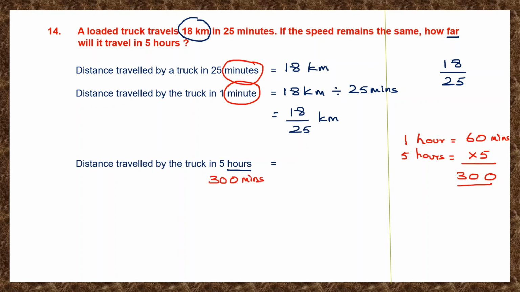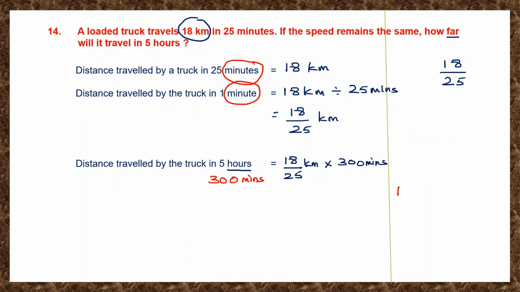So now the units are the same for all 3 statements. So distance traveled by the truck in 300 minutes will be distance traveled in 1 minute, that is 18 by 25 kilometers into 300 minutes. So we need to multiply and calculate here.